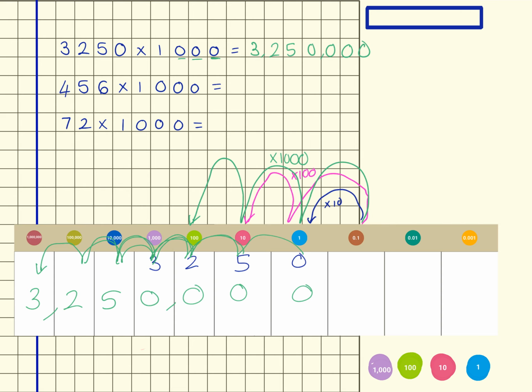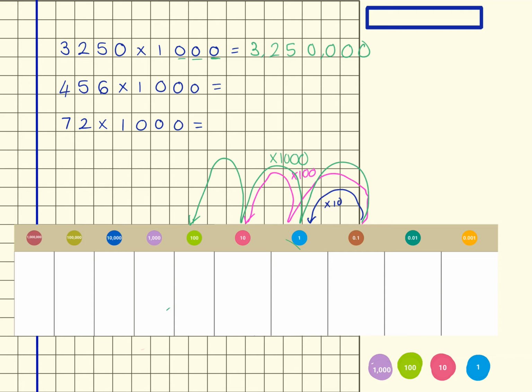So I'm going to use that same method for my next question, which is 456, and I'm going to use this place value chart down here. So I'm going to write the number in, 456. This number is being multiplied by 1,000, so 10 times 10 times 10. That's those 3 jumps that I need to make.